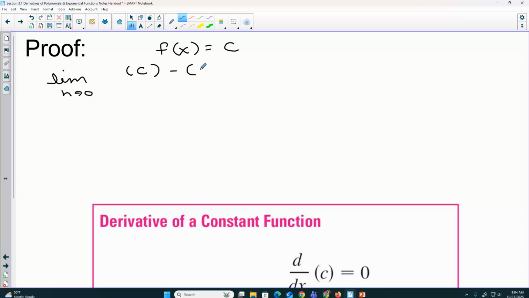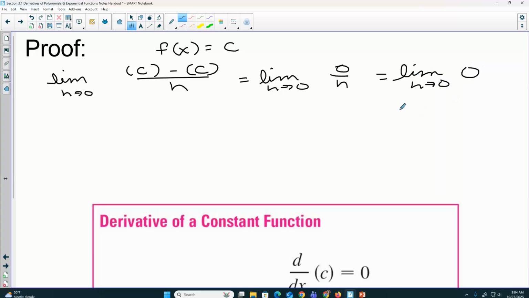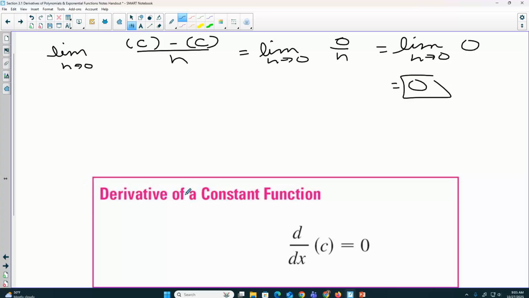Minus, what's f of x? c. Over h. So you have 0 over h. 0 divided by anything is 0, and the limit as h approaches 0 of 0 is 0. Okay, so this is now something we know. Derivative of any constant is 0.